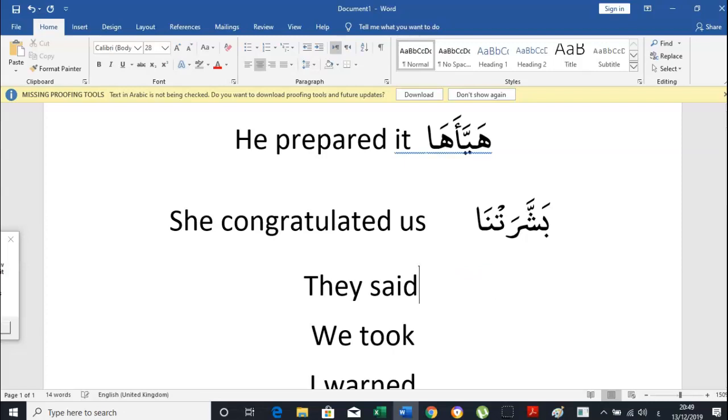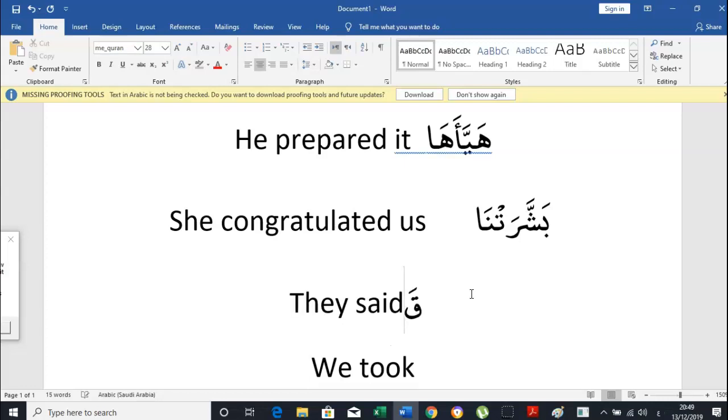You can see examples of them. Okay. How do I say they said? Qala is said. Qalu. Very good. How do I say they said it? Okay, if it's feminine, qaluha.